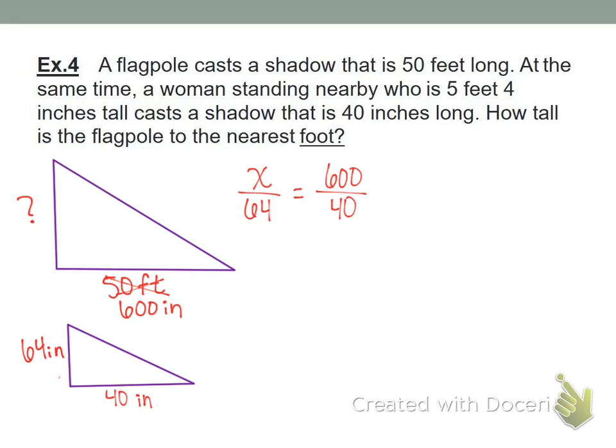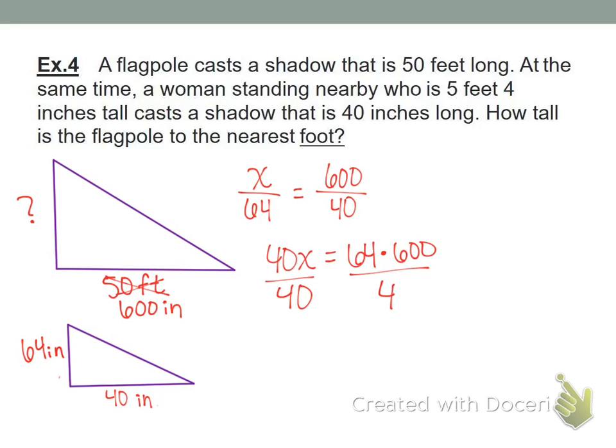Again, multiple correct proportions. As long as you end up multiplying the X times the 40 and the 64 by the 600, you have set up a correct proportion. 40x equals 64 times 600.